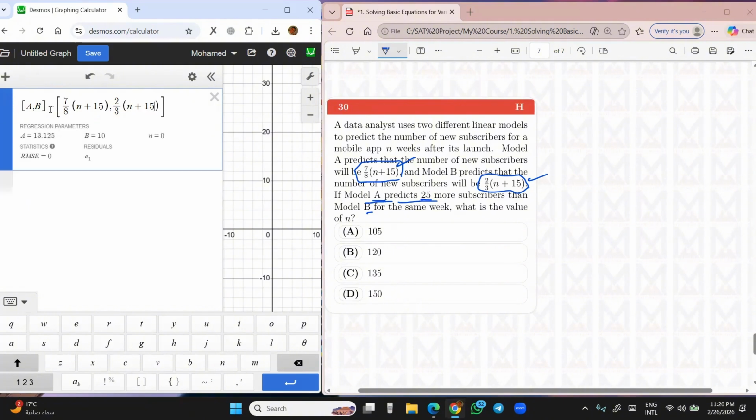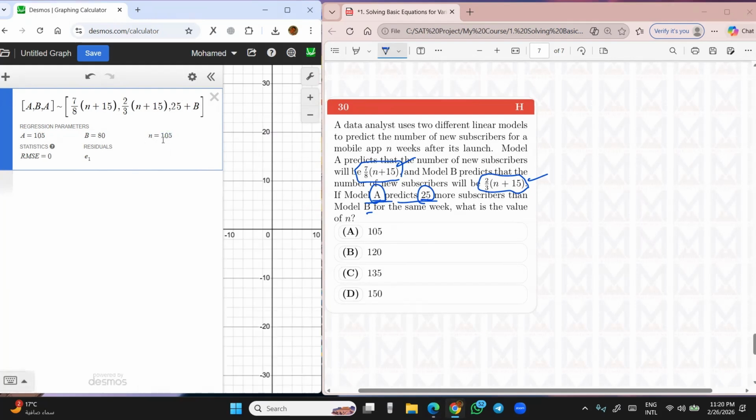Then we need to consider writing this equation. A predicts 25 more than B. So we can come here and write A after the comma. A makes 25 more means 25 plus B. That's it. And then the value of n. We need to get the value of n, and n here is equal to 105, which makes our answer letter A.